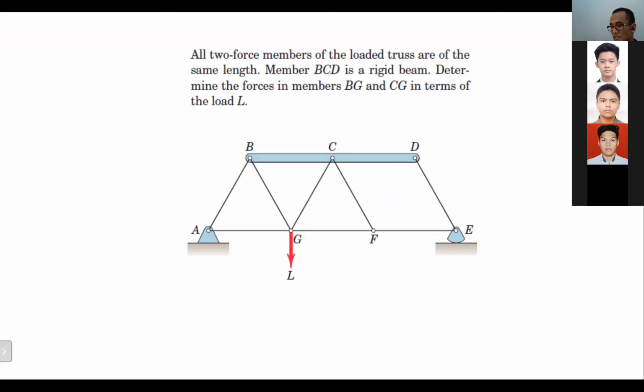Because this one, PCD, is actually one member, and it's a rigid member. Two force members of the loaded truss are the same length. Member PCD is a rigid beam. Determine the forces in the members PG and CG in terms of the load L.